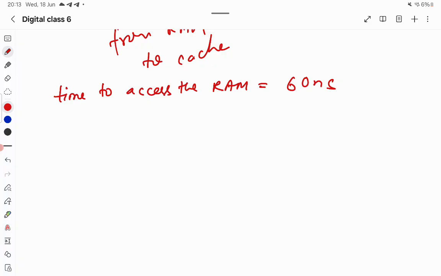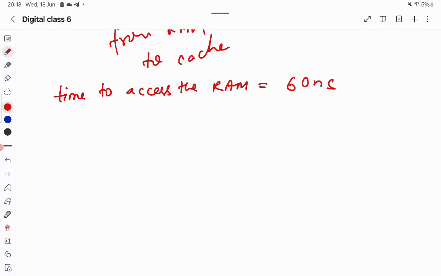How many times do I have to access the RAM? Think. Don't look there, look here. One time if I access the RAM, it will take 60 nanoseconds. So how many times have I copied from RAM?